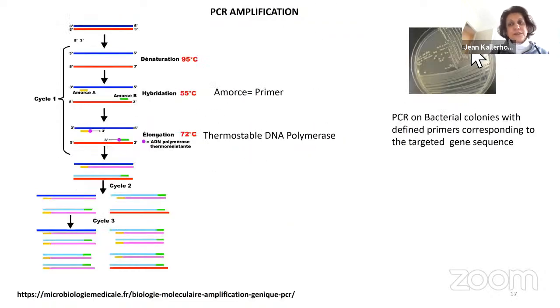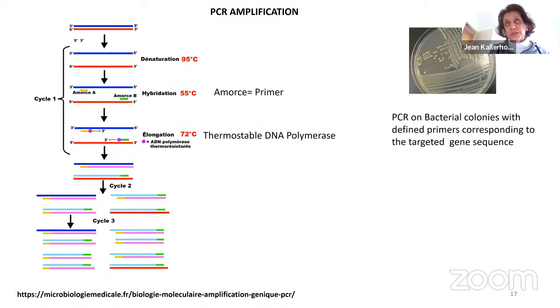So when you have these white colonies, it is very easy. If you take one of these colonies, or 10 of them, you make PCR on them, provided you have the primers that you are targeting.